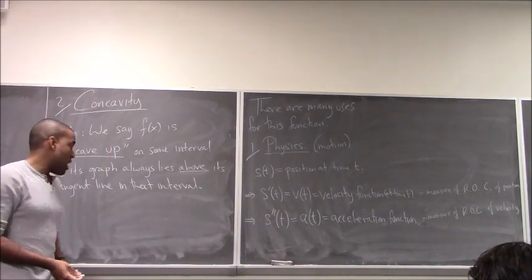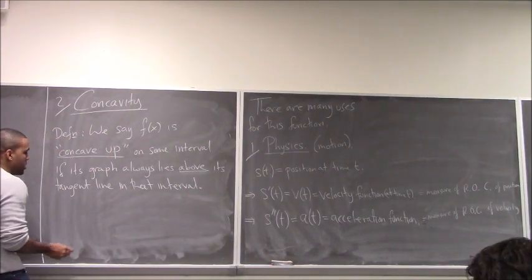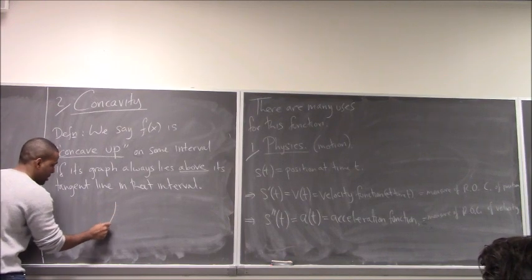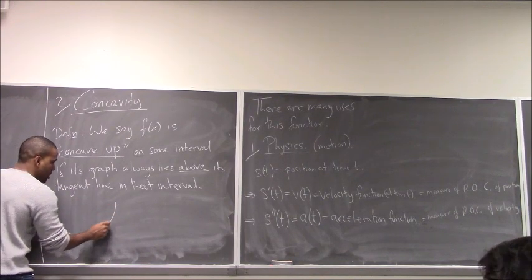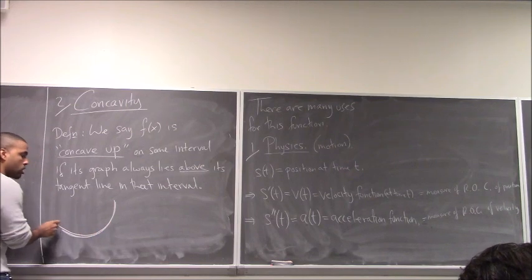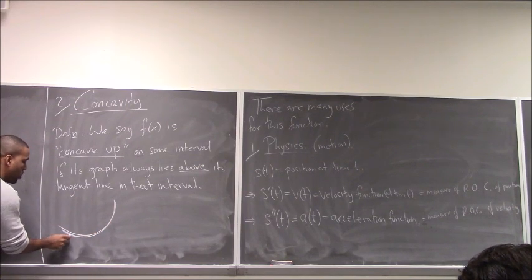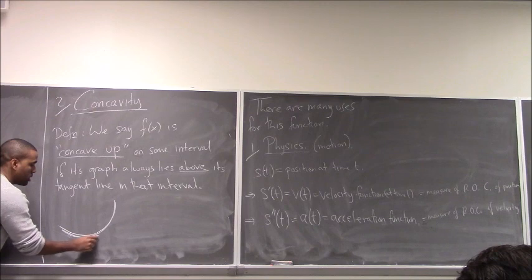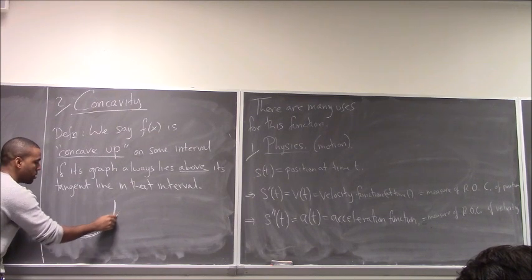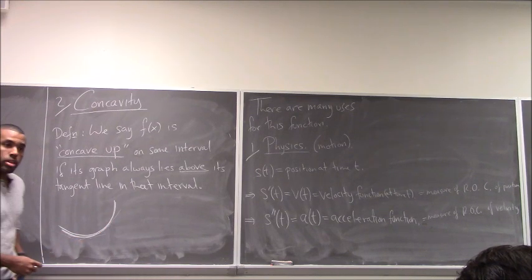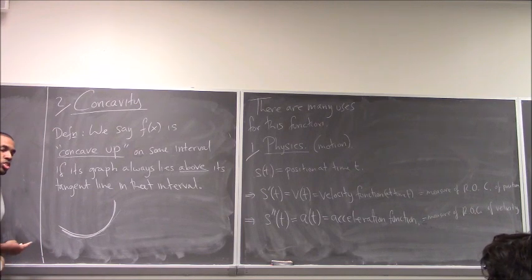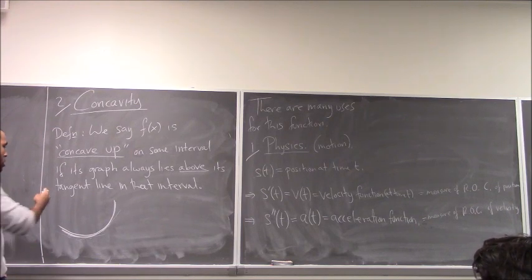What does that look like graphically? Well, that means you would have a function that looks like this. It has this particular kind of curve. Notice that if at any point I draw a tangent line, the function is always on top of the tangent line. That describes the shape of the function.